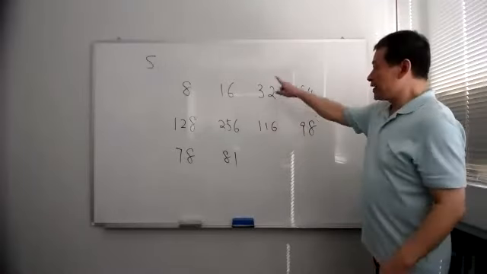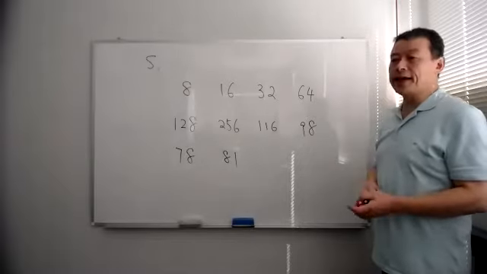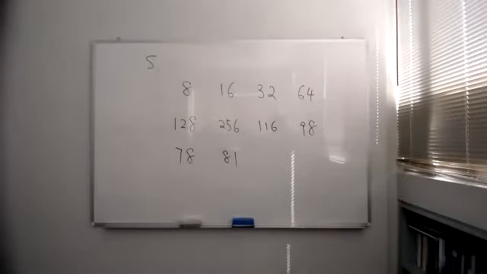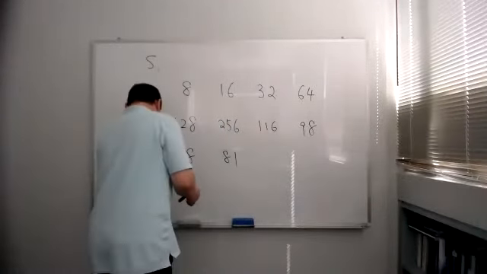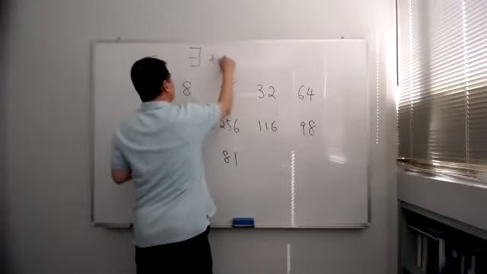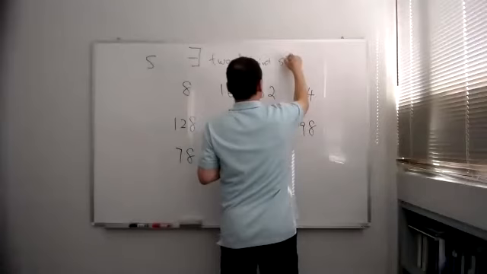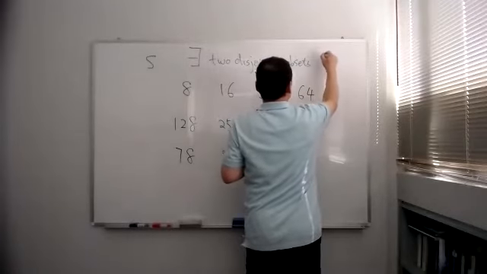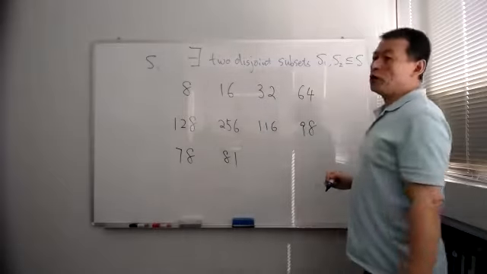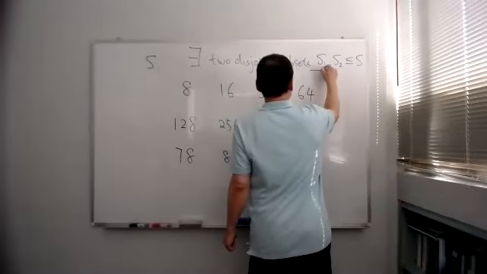So here I give you 10 numbers. I want to say that this set contains 2 disjoint subsets with equal sum.